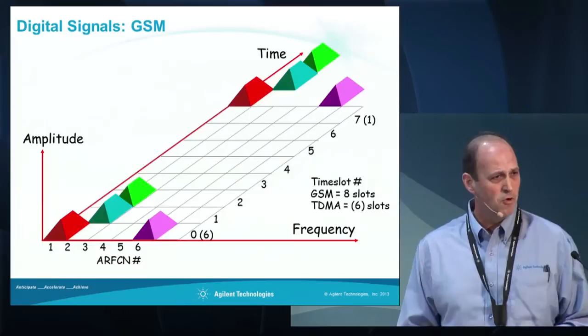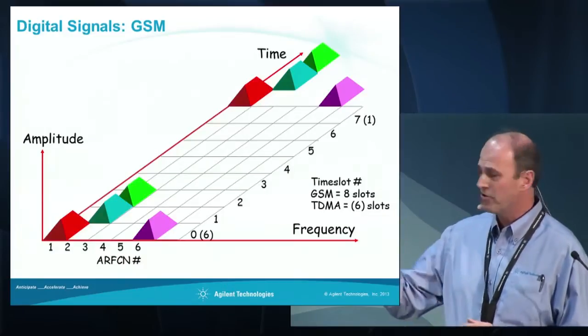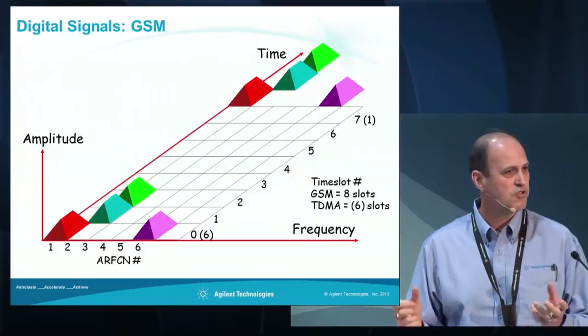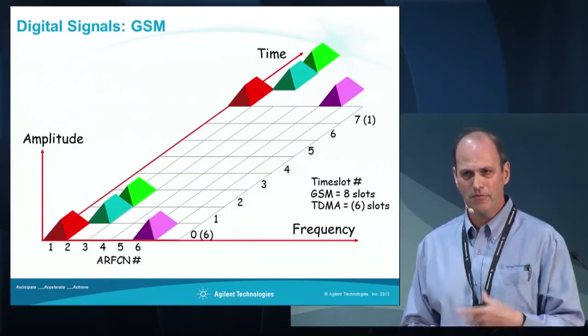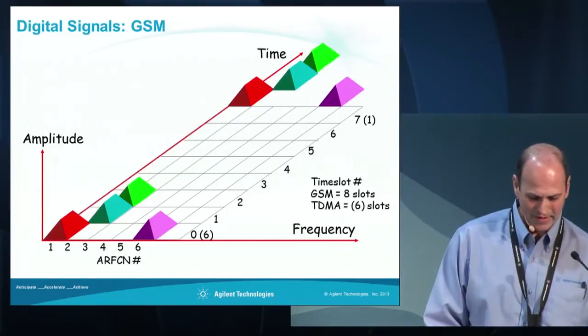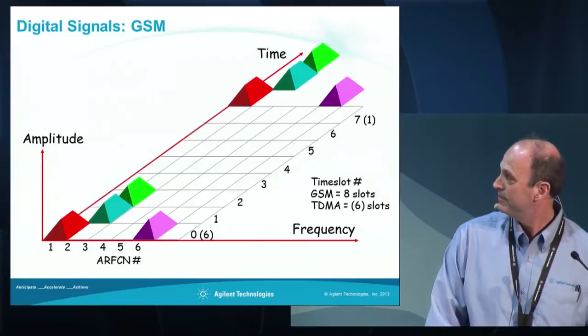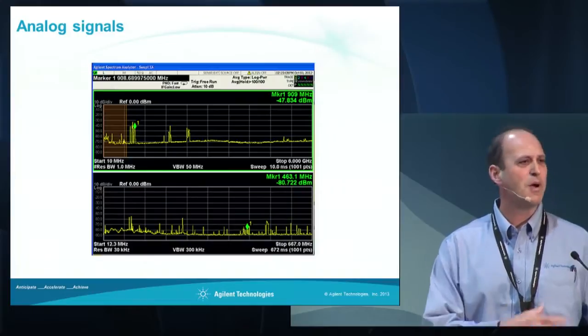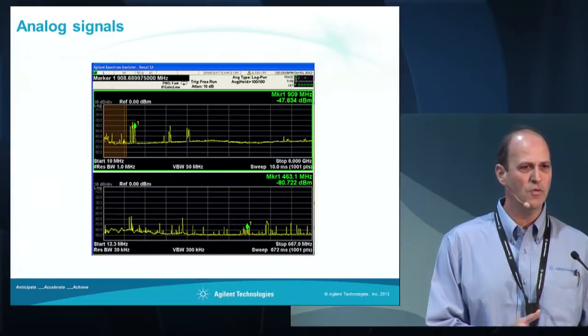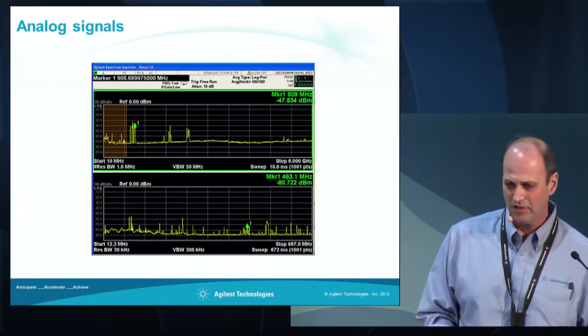Or it might try to be a little more selective and block certain time slots or control channels to prevent specific signals from being transmitted. Again, it's really a trade-off between how much power you have available and what other areas of the spectrum you need to look at.